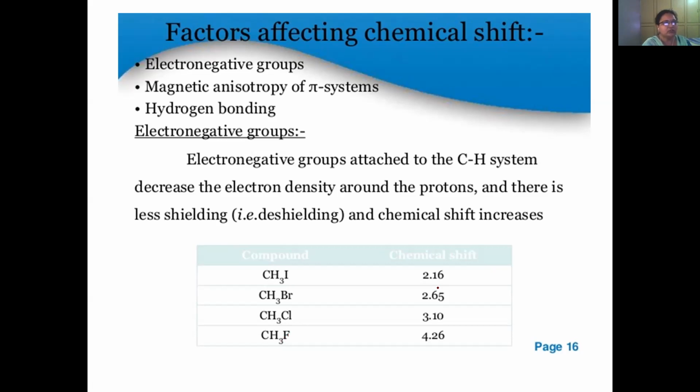Which has the highest chemical shift? CH3F, because F is the most electronegative. Then CH3Cl is 3.10. Depending on their electronegativities, the compounds undergo de-shielding effects, so the chemical shift always increases with electronegative groups.